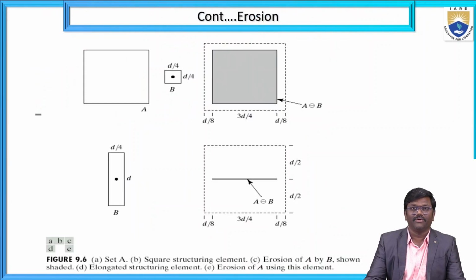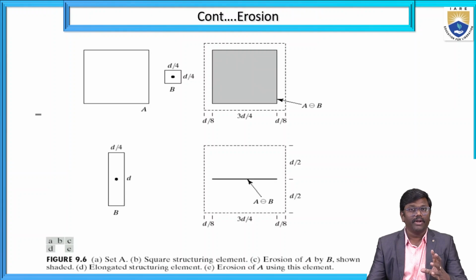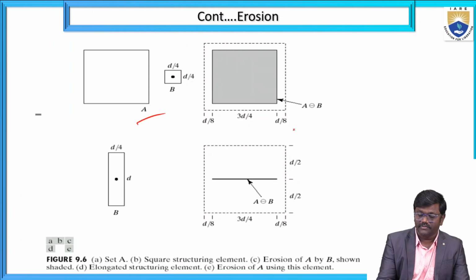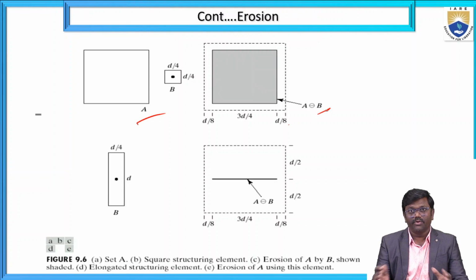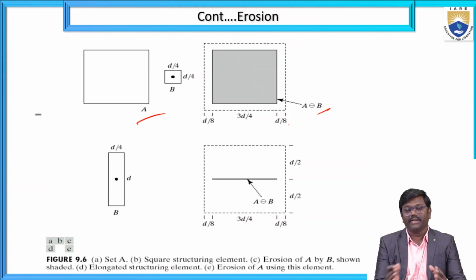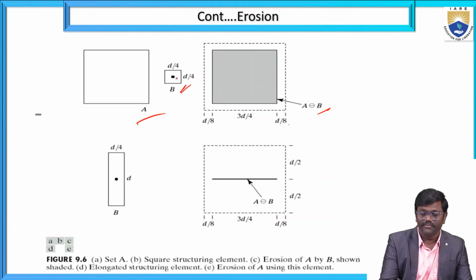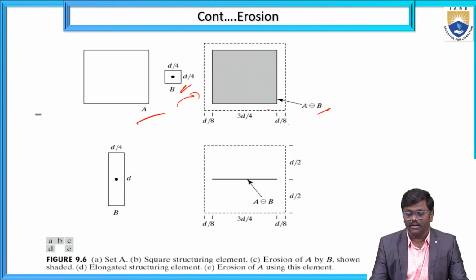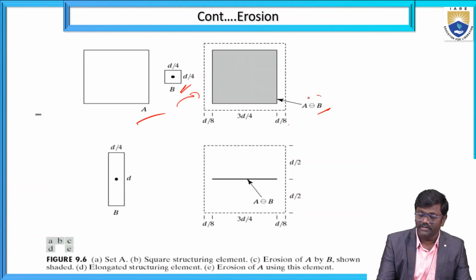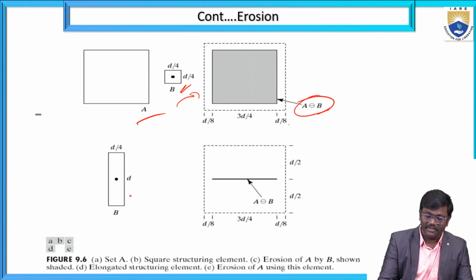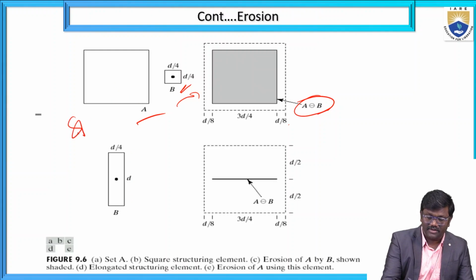So what I mean is to understand this erosion process based on the mathematical morphological operation we are applying. We see the differences between one structural element of A and a structural element of B, transformed from one to another and represented by the dot. You see the dimension of 4 concentrating on each and every part of the structural element.